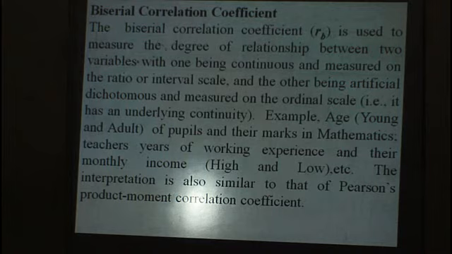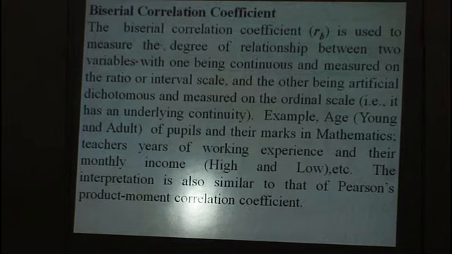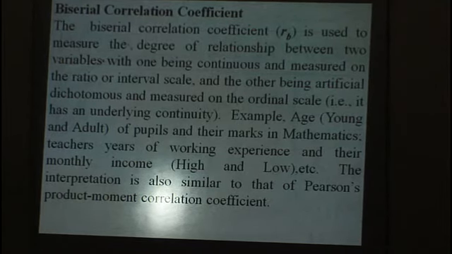You see, the age of pupils is naturally not of two dichotomies, but because we have decided to divide them by our own credentials, we say it is what? Artificial dichotomy. So an example is the age, being young and adult, of pupils and their marks in mathematics.